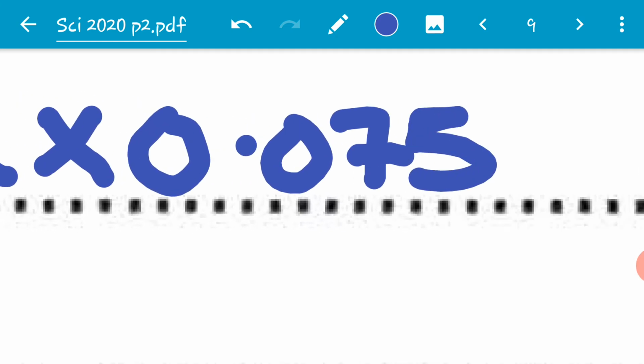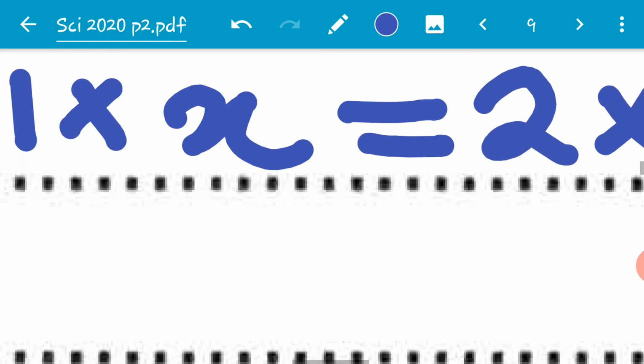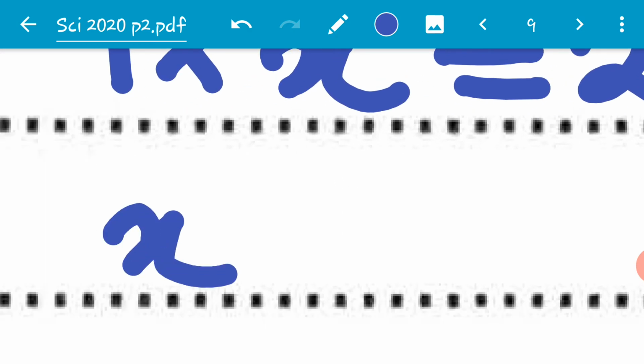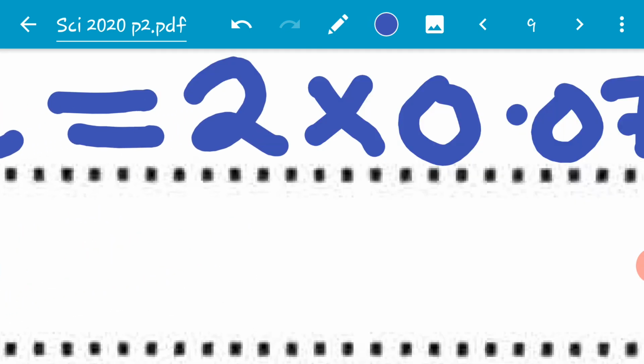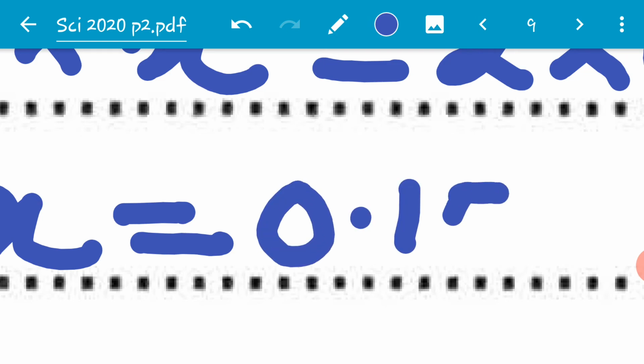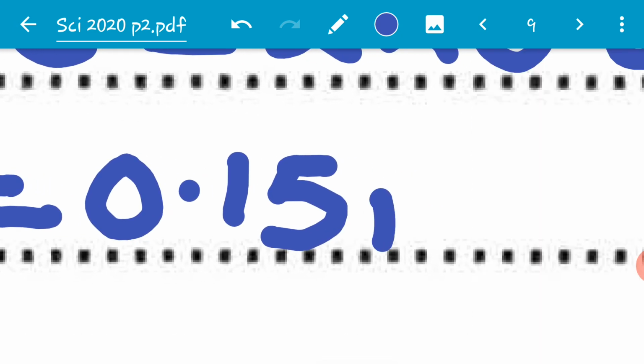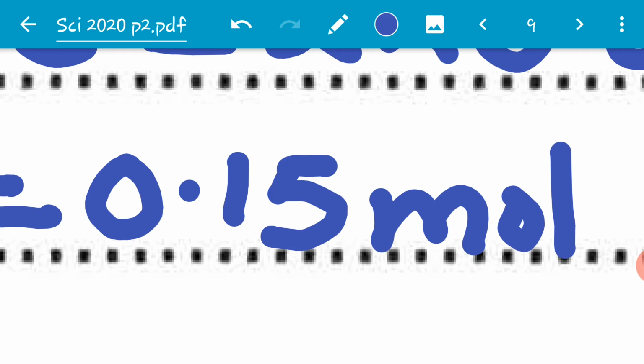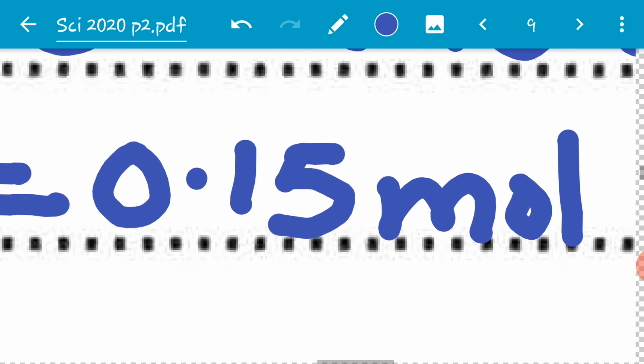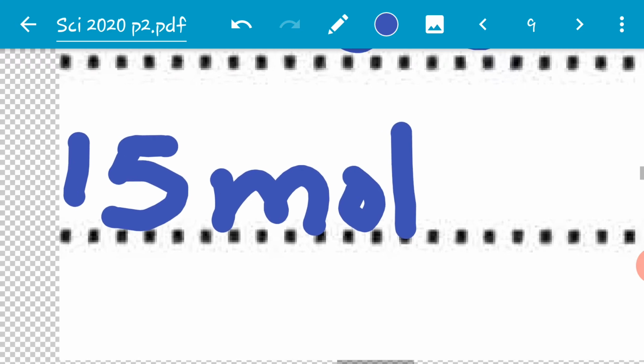So x is equal to 2 times 0.075, which gives us 0.15 moles. Moles of what? This is of nitric acid.